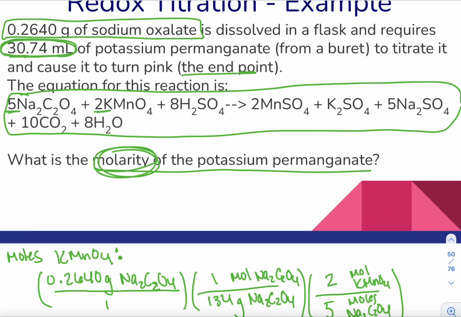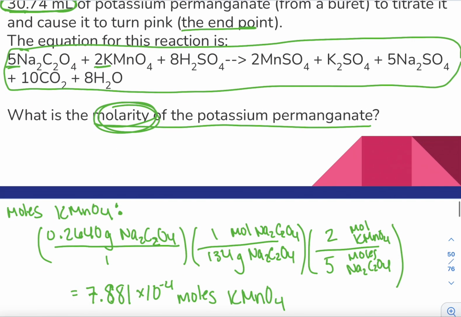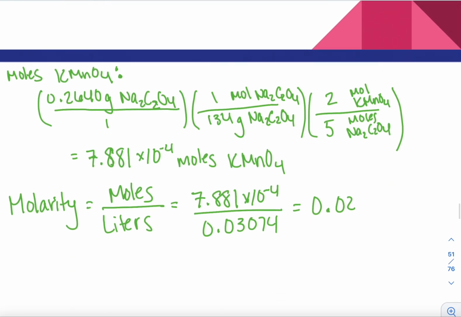So we're just going to convert that to liters and plug it into our molarity formula. And then that comes out to 6.4. Okay, so that was the molarity of KMnO4 that we used in the titration.